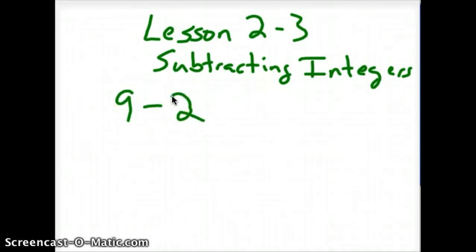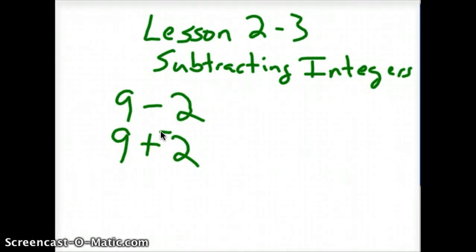9 minus 2. We all know what 9 minus 2 is, 7, but watch how adding the opposite gets us the same answer. 9 minus 2 is the same thing as 9 plus negative 2.